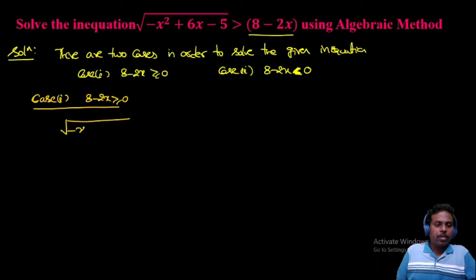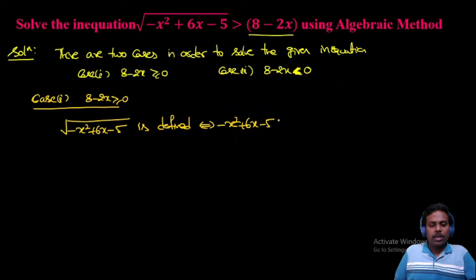In any case, root of minus x square plus 6x minus 5 is defined if and only if minus x square plus 6x minus 5 is greater than or equal to 0. Multiplying throughout by minus, I get x square minus 6x plus 5 less than or equal to 0.